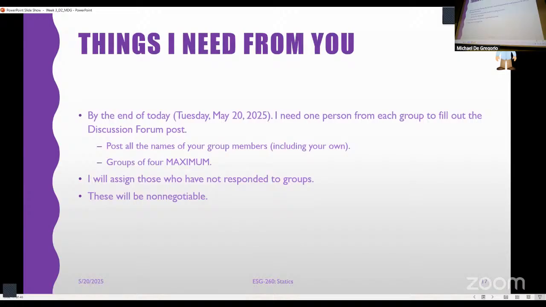Maximum of 4. Now, the thing about this that's awesome is that everybody will be able to see who's in which groups, right? And so there should hopefully be nobody left out. Well, hopefully you guys talk to each other and okayed who's going to be in your group first, and you just didn't put like 4 people's names down. That's what I would suggest, right, is actually talking to each other.